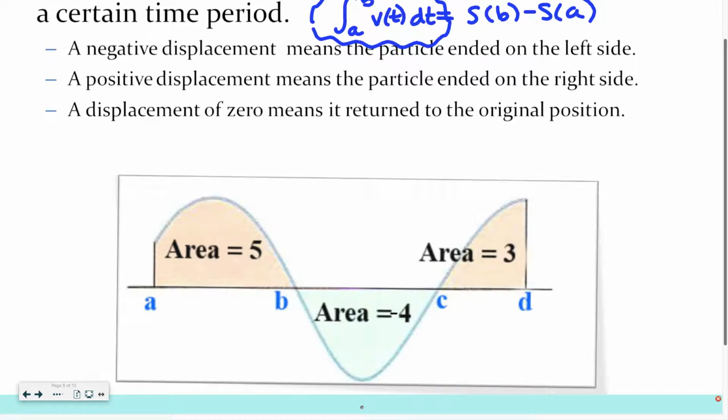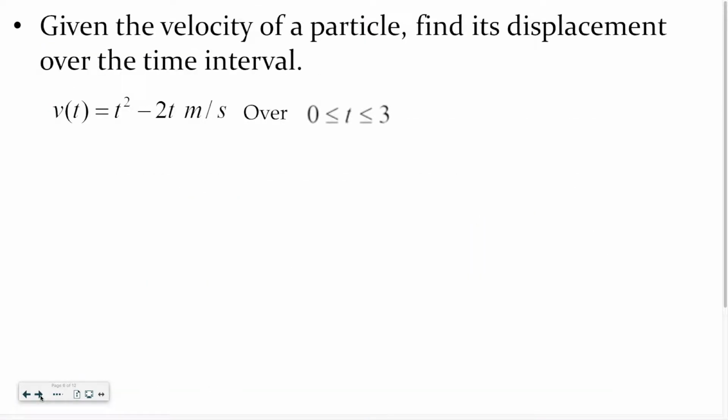What's nice is if I don't give you a graph and I just give you an equation, all we have to do is take the integral. So go ahead and write displacement at least so you know that's what you're calculating, and write down this information right here.